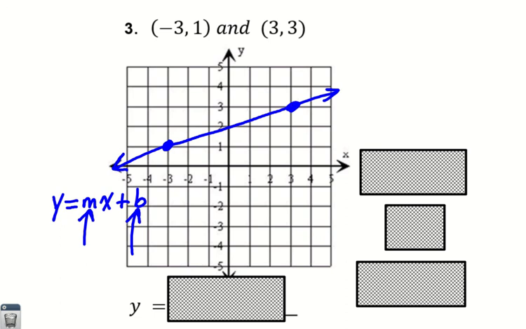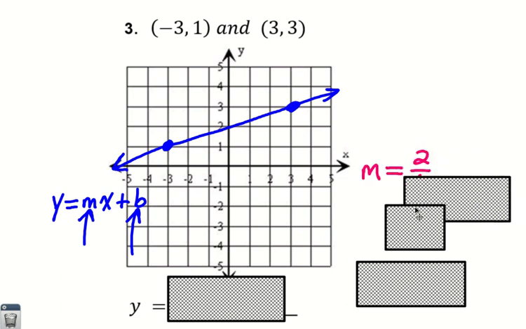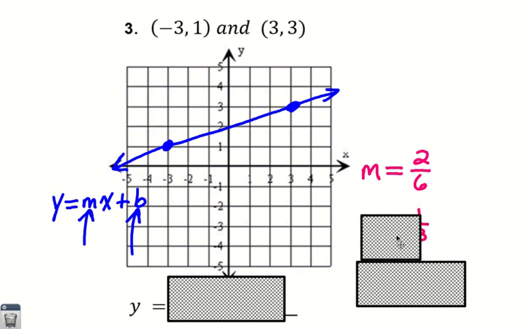So my slope is up 2 over 6, which reduces, you should always reduce the fraction. So up 2 over 6 reduces to up 1 over 3.